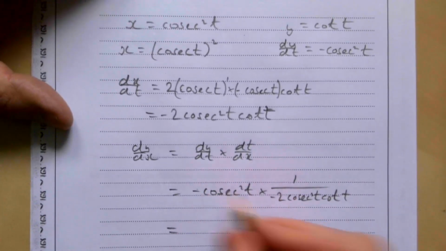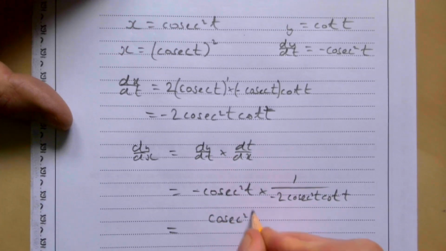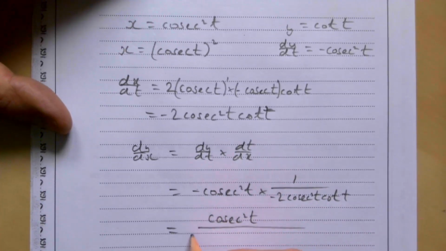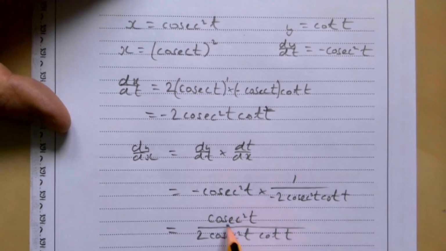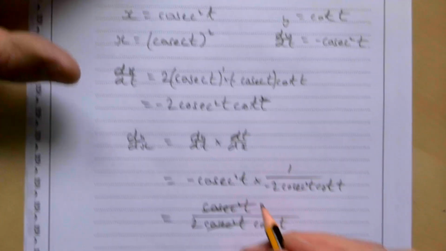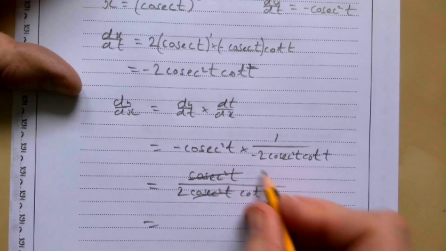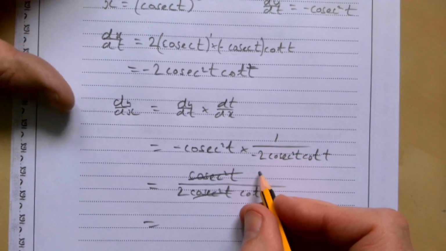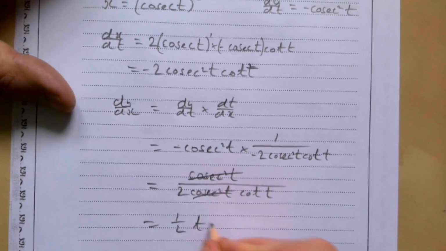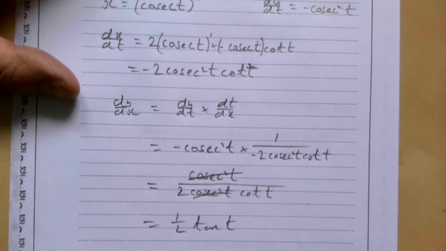The minuses are going to cancel, as will plenty of other stuff in a second. Cosec squared t all over 2 cosec squared t cot t, so that is going to cancel, and then the cot t we can bring back up to the top and call it tan, so it's going to give us a half of tan t.